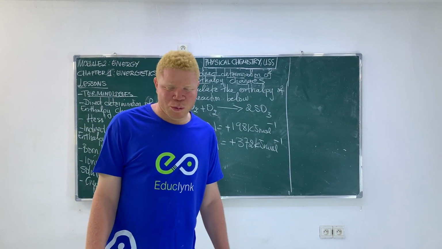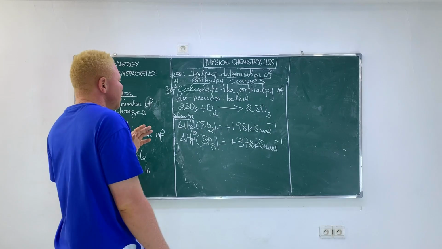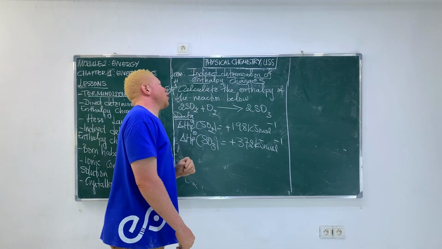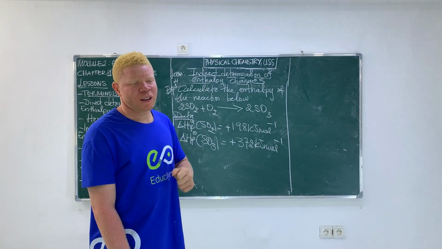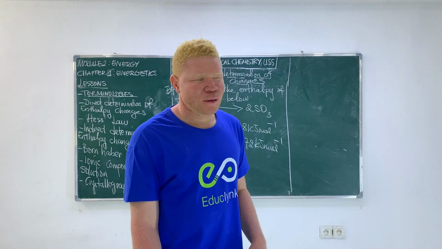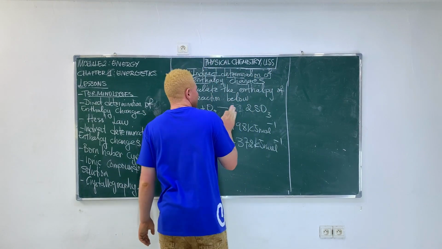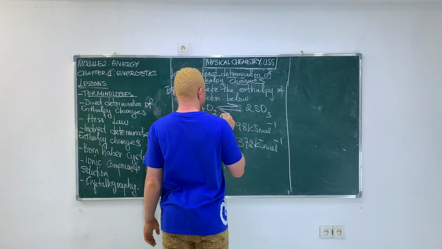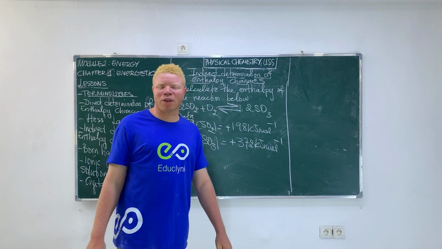So let me read example 1. Calculate the enthalpy of the reaction below. The reaction is 2SO2 plus O2 giving 2SO3. The reaction is reversible, so don't worry about the reversibility. But let's analyze the data given to us.